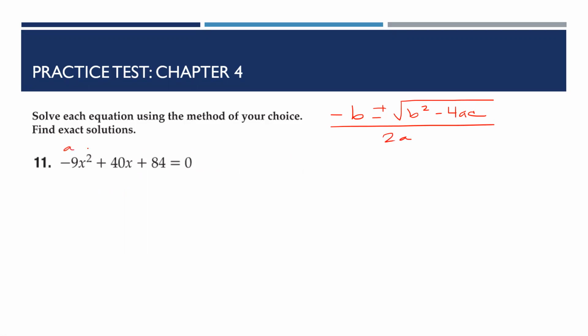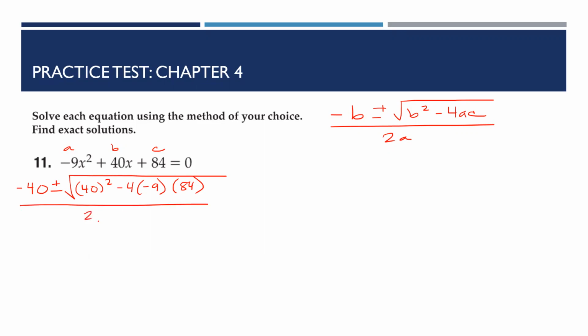So remember, this is a, this is b, and this is c. So I end up with negative 40 plus or minus the square root of 40 squared minus 4 times negative 9 times 84. And then it's 2 over negative 9.